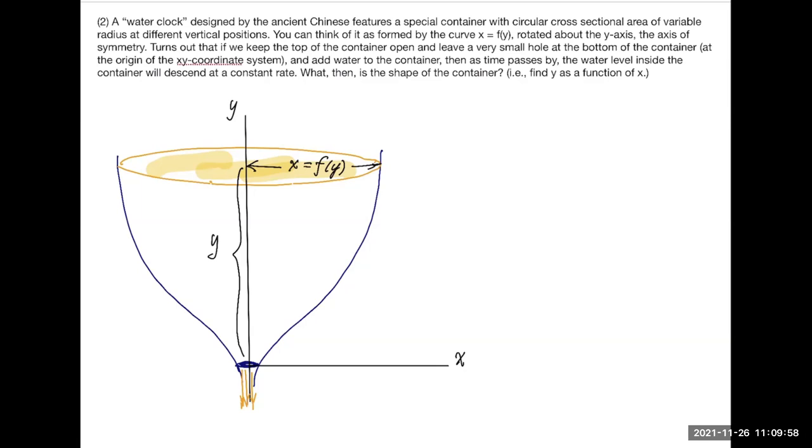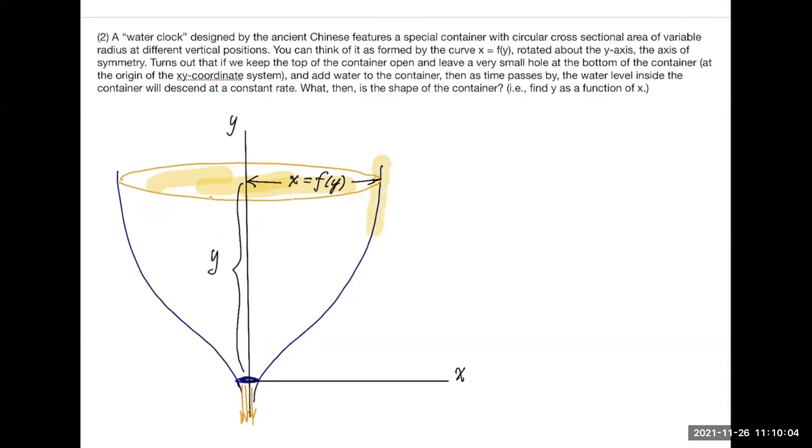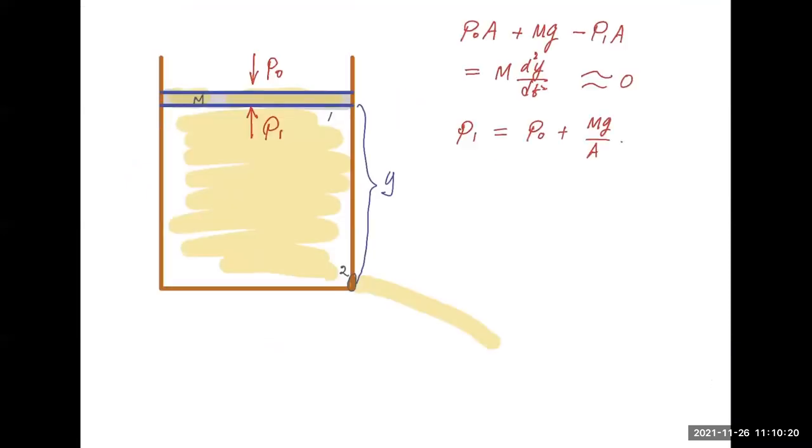And the design is such that, because of the shape of this container, which we need to find out, we want to find out what this curve is basically. As water leaves the bottom, you will find that the water level will descend at a constant speed. Now that is different from the first case. Look at the first case here.